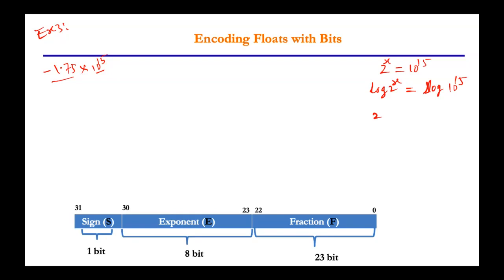It can be written as x log 2 is equal to 15 log 10. Then divide both sides by log 2, so log 2 cancels. You will get x is equal to 15 multiplied by log 10 divided by log 2.